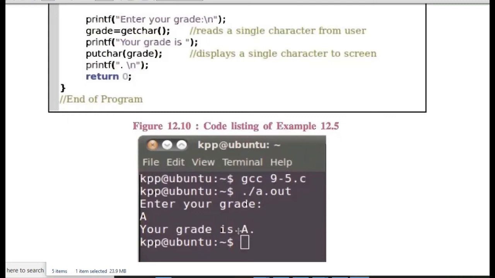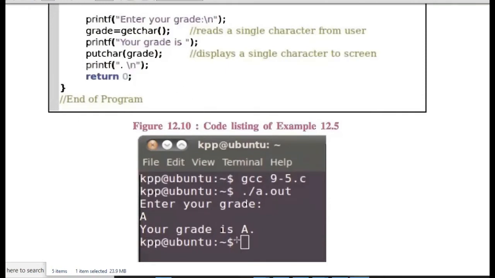So your grade is, and then using putchar we have shown the value of the grade variable here, that is a, which was passed by the user. And this is the period sign, which you get here, and this is backslash n, so a line break.